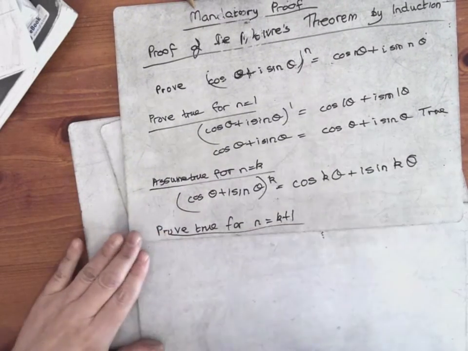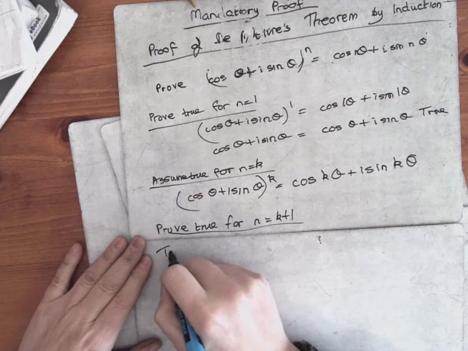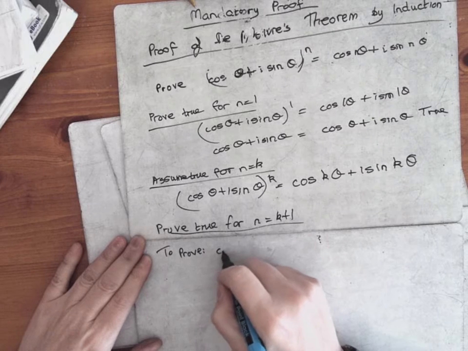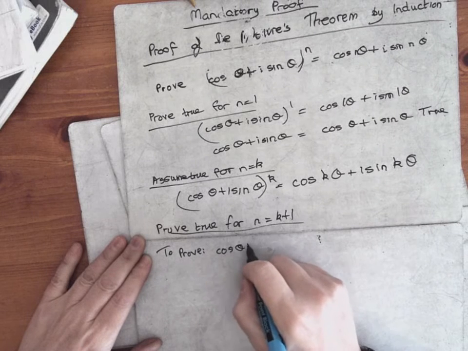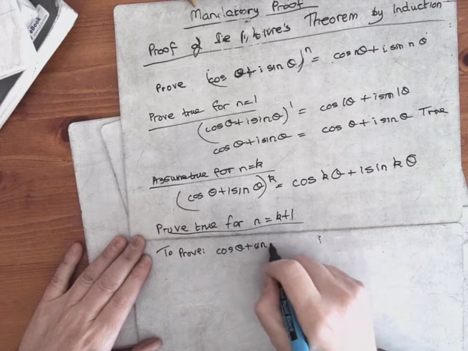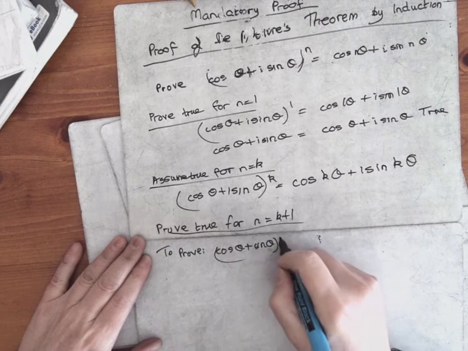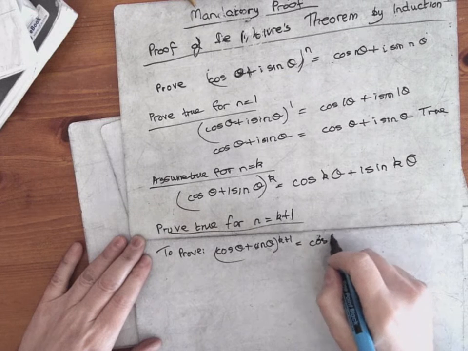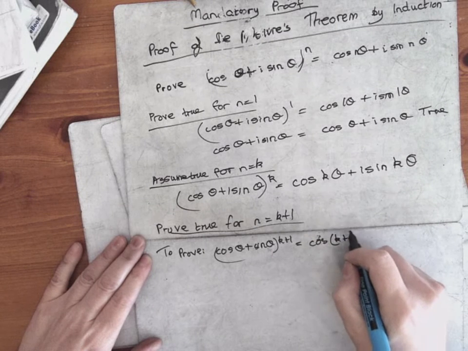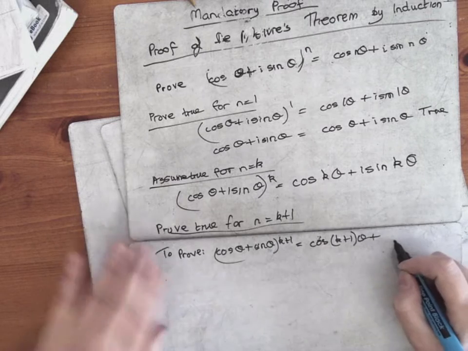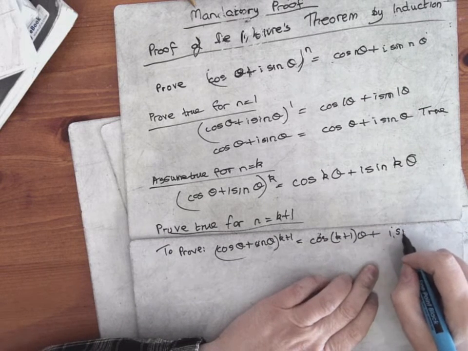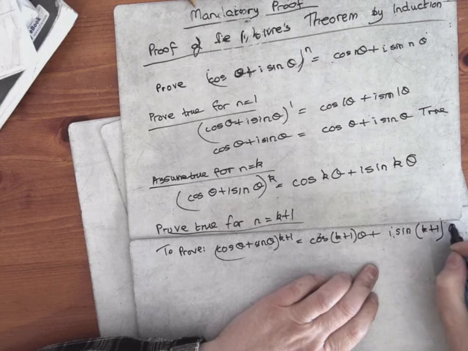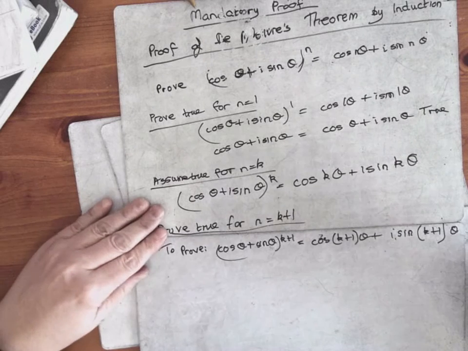I want to prove that cos theta plus i sine theta all to the power of k plus 1 equals cos of k plus 1 theta plus i sine k plus 1 theta. So that's what I'm trying to prove.